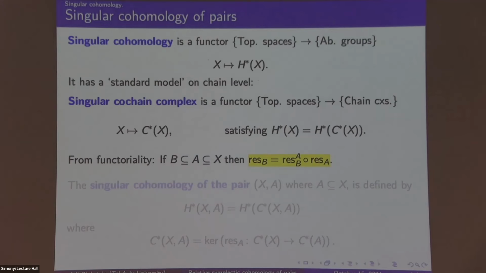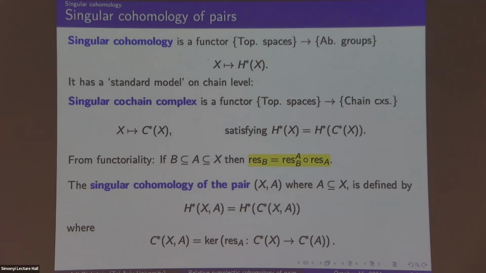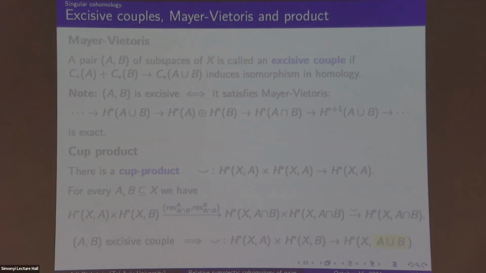And how can we define singular cohomology of pairs? We define it using kernels of the restriction map. The complex is defined to be the kernel of the restriction map from X to A, and then we take homology. That is the definition of singular cohomology of pairs. Singular cohomology has several structures and properties, for instance Mayer-Vietoris.